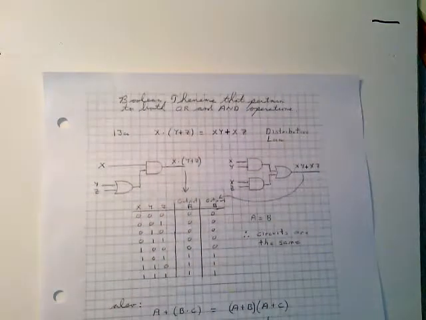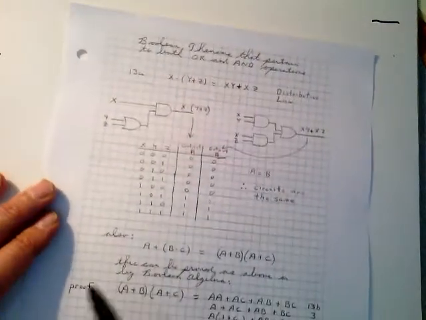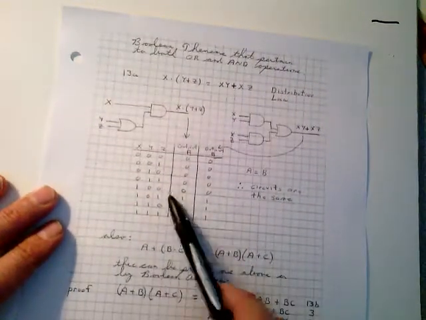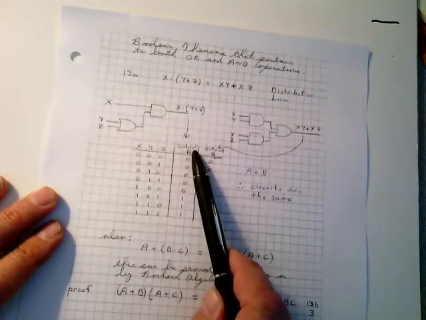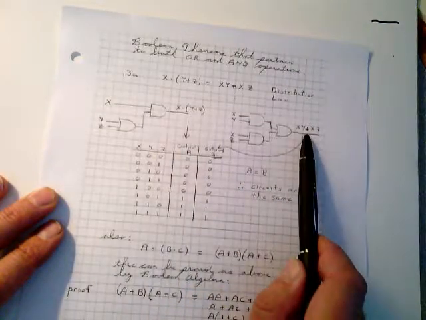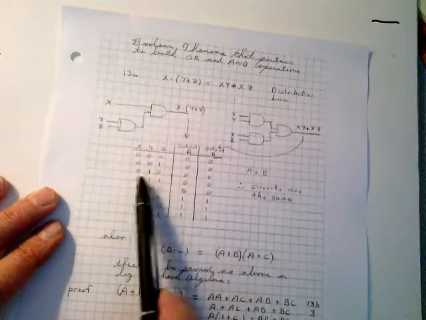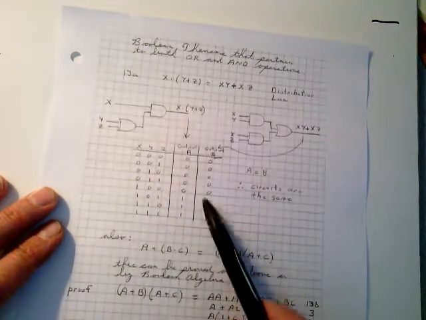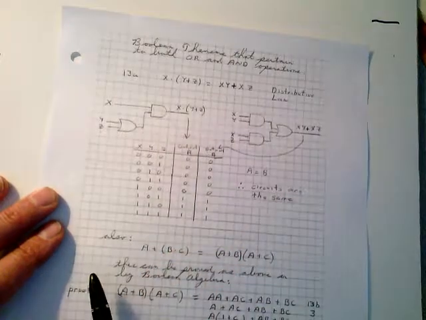Keep in mind that Boolean algebra is very important to reduce the logic and get those benefits out of it. Notice the truth table here for the output A, and the truth table here: you put in your ones and zeros and go through the different states, and you get identical outputs. When the truth tables are identical, the circuits are identical.